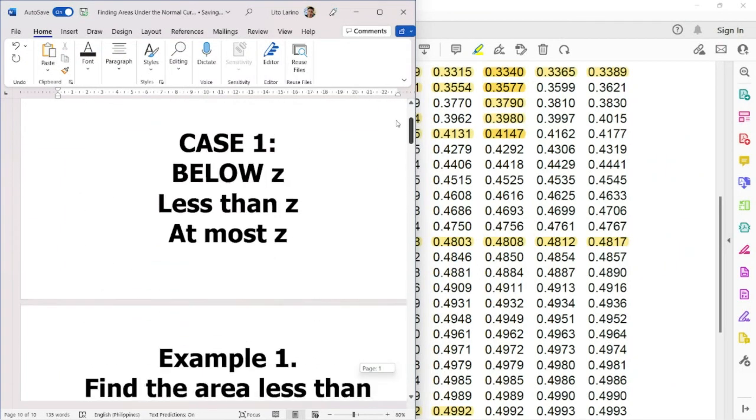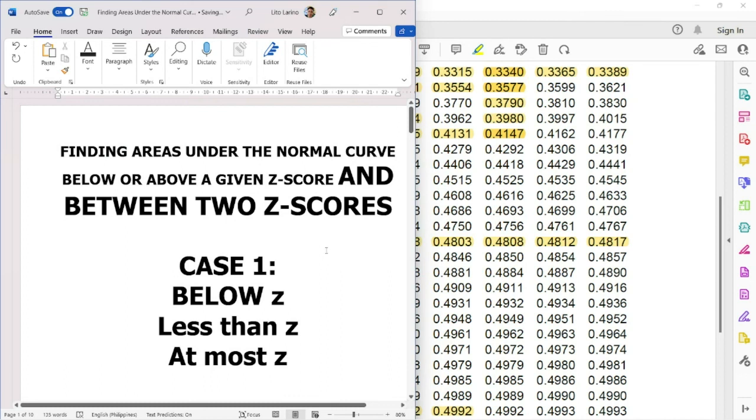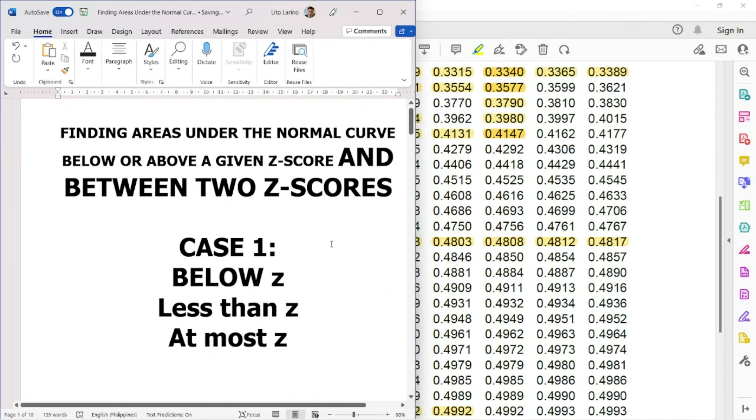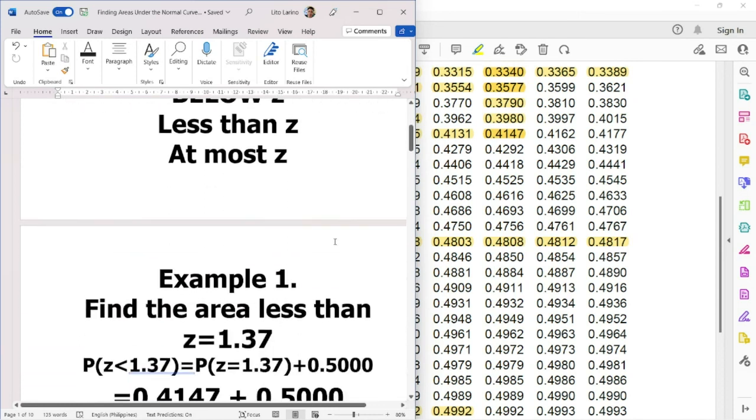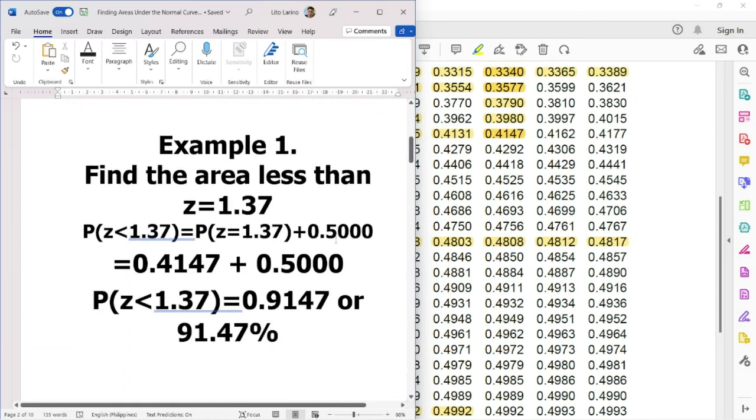Let's go back. We have three cases. The first case is when we are asked to determine the area below the given z-score, or less than or at most the given z-score. If that is the case, just like example number 1, we are going to add the area of the given z-score and the half of the area of the normal curve, which is 0.5000.